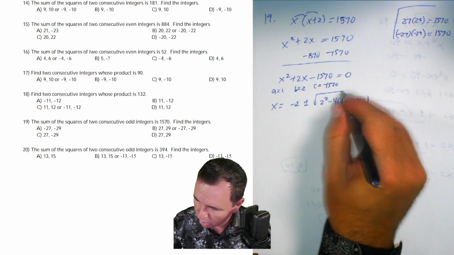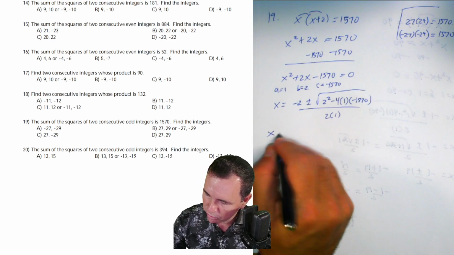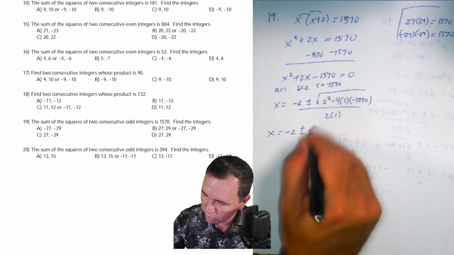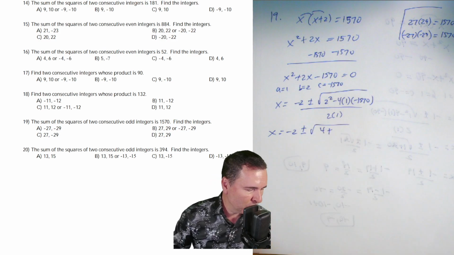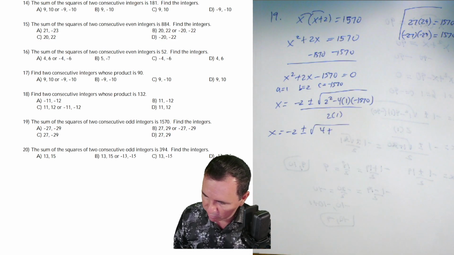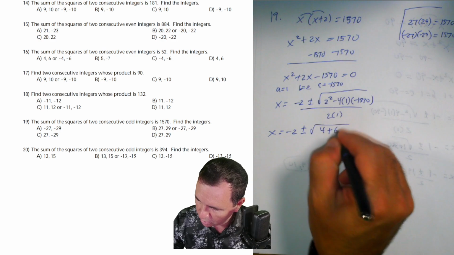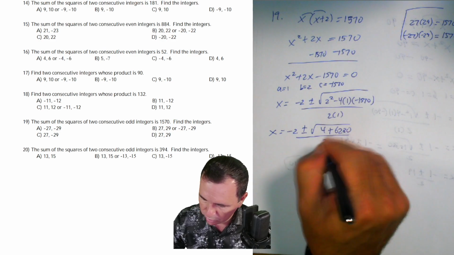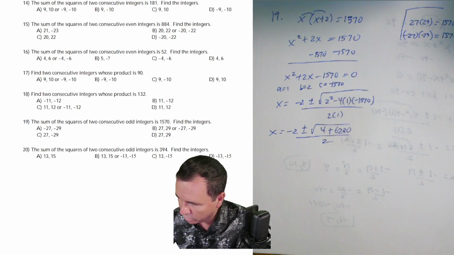Okay, and it's going to be all over 2 times 1, obviously. So x is equal to negative 2 plus or minus the square root of 4 minus, and it becomes a plus because two negatives make a positive. So it's going to be 4 times 1570. That's going to be 6280, all over 2 plus 4 gives me 6284.